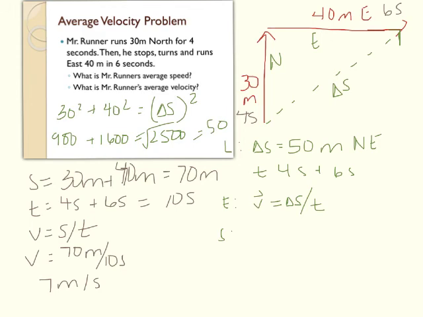Now we plug in: 50 meters northeast over 10 seconds. That gives us 5. Then we just need to make sure we remember to add our units, meters per second, and of course, remember our direction.